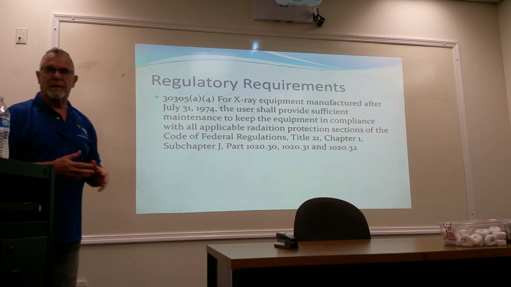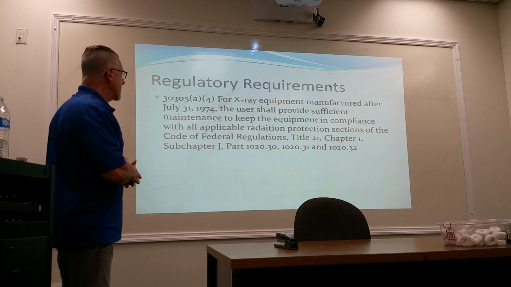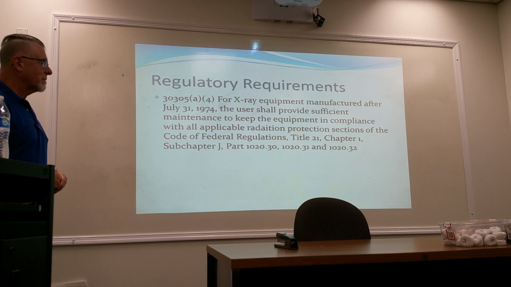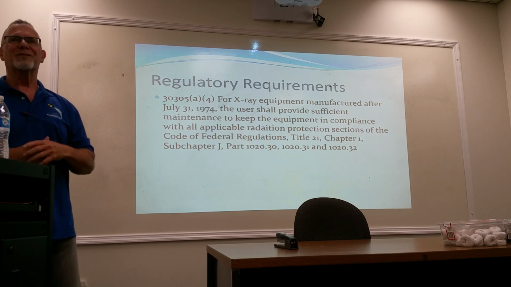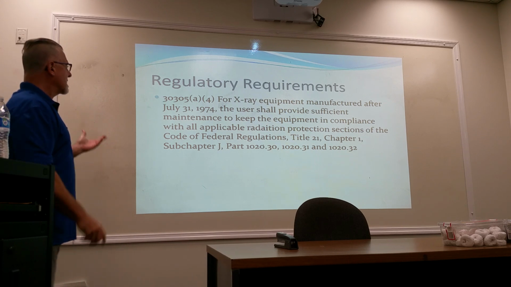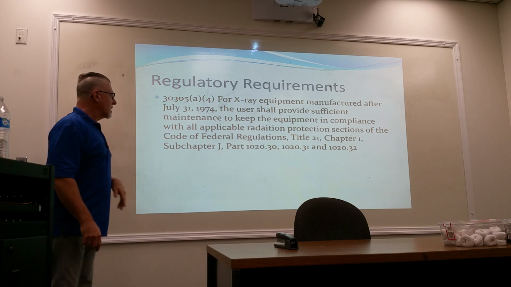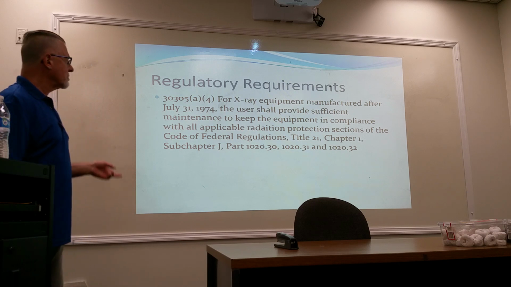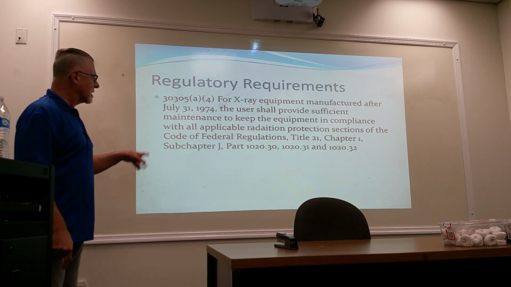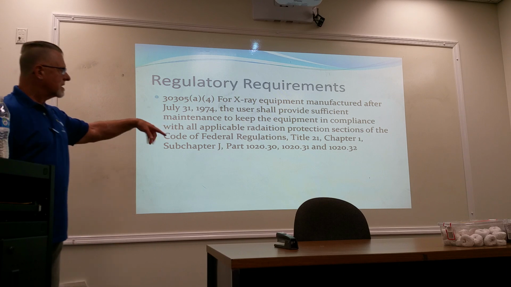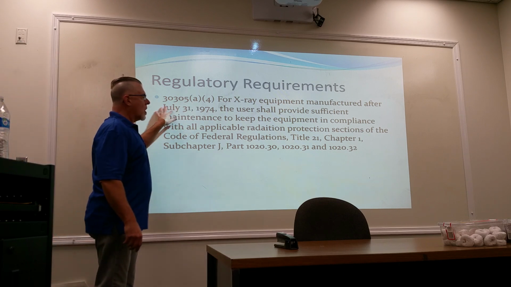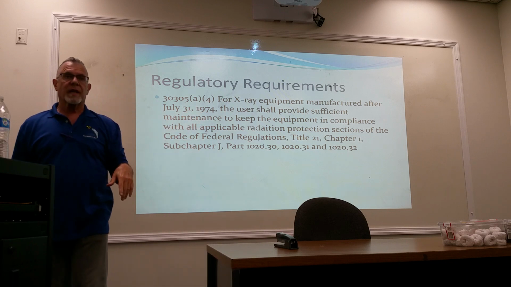Okay, for X-ray equipment, this is State of California, Title 17. X-ray equipment manufactured after 1974, Title 17 is really old, shall provide sufficient maintenance to keep the equipment in compliance with all applicable radiation protection sections of Code of Federal Regulations, Title 21, Chapter 1, Subchapter J, Part 1000, 1010, 1020, 1030, 1040, and 1050. So even though this is old, it still applies.